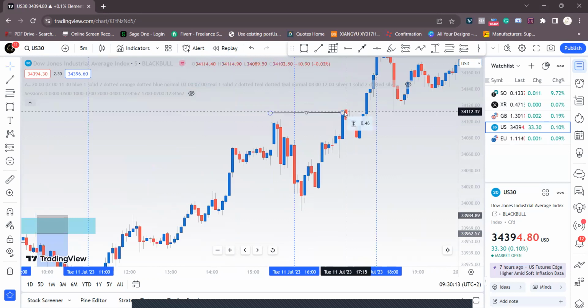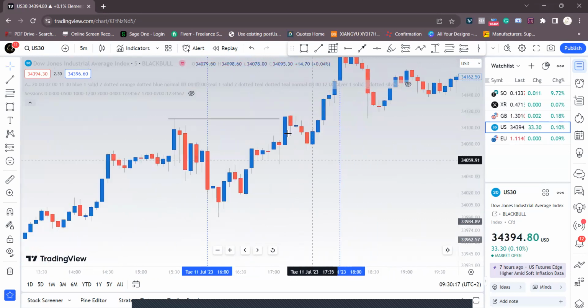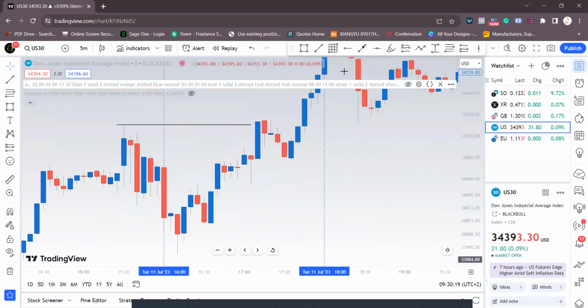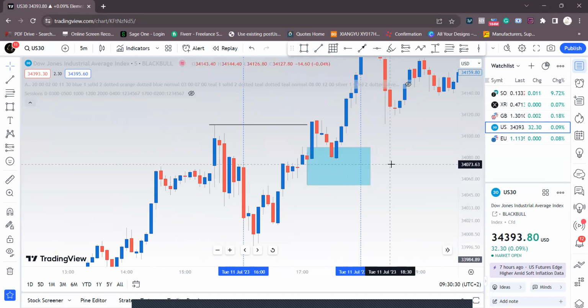It's not like it's doing a liquidity grab where it's just a wick and then a bearish engulfing candle. Right after that, we created a fair value gap. The fair value gap would have been this little gap here, but we're going to highlight the whole order block, and that would have been your entry point.